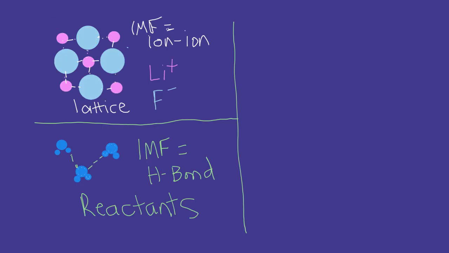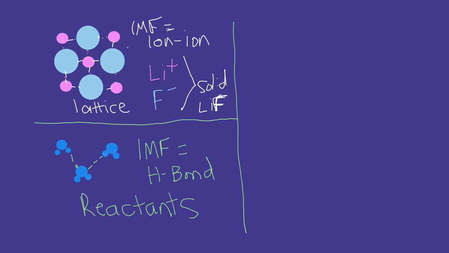Okay, so I did a little bit of drawing. If we look up here for the LiF, remember this is in solid form, so it's LiF put together when we start. Because we're starting with a solid and water, and then we're dissolving. So the dissolved solid is our product.